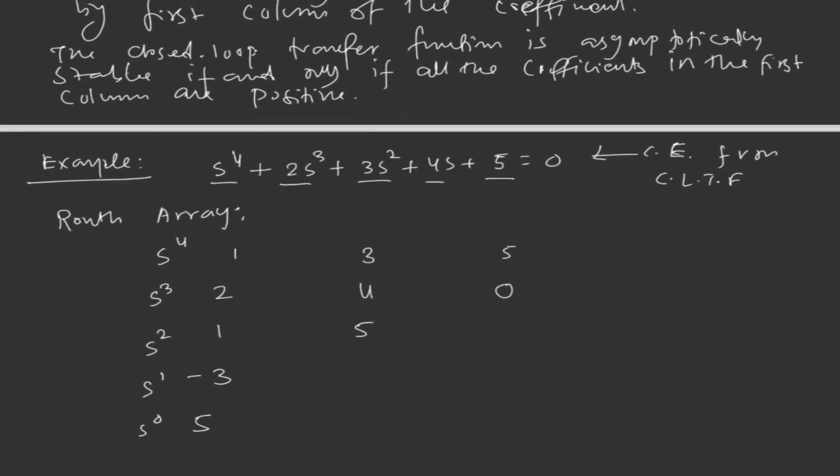So what are we having in the first column? We can see there is a sign change here, minus 3. So there are actually two sign changes. If you notice, 1 to minus 3 and minus 3 to again 5. So there are two sign changes.